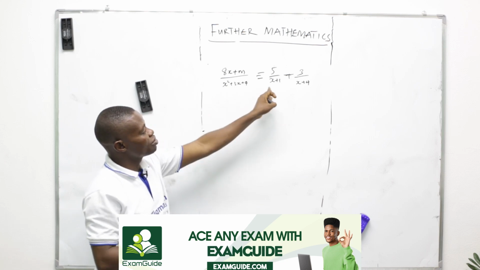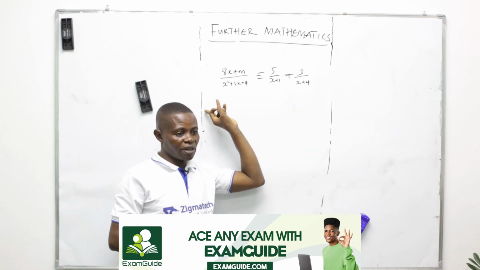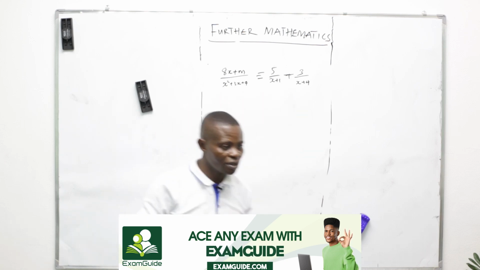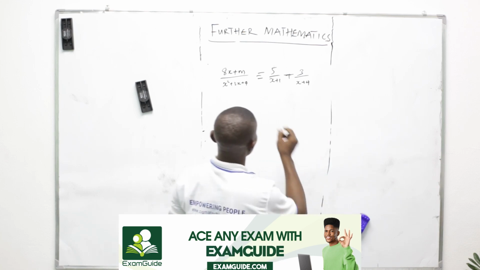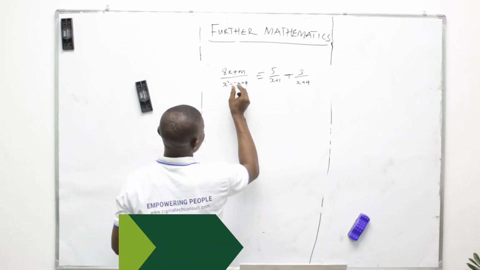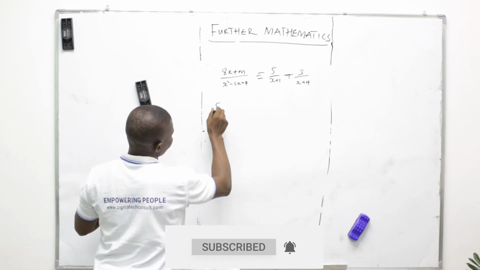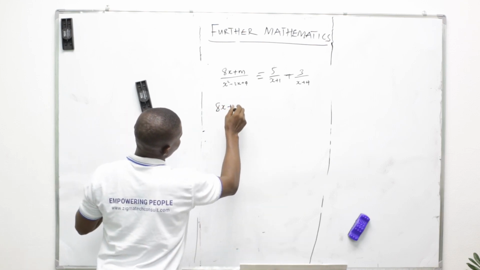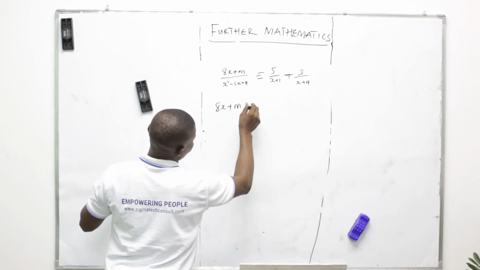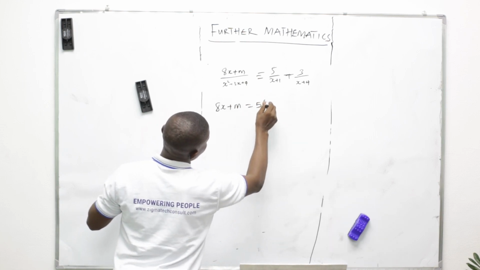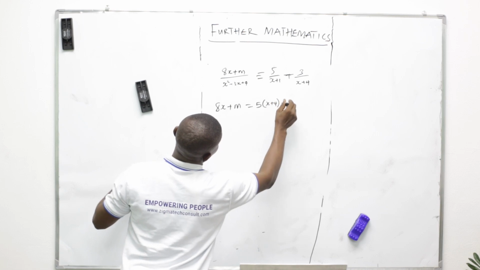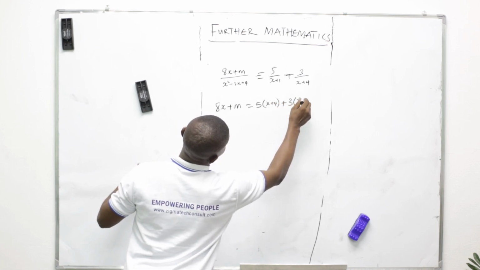Recall that what you are seeing here is a factorized form of this. In our normal partial fraction, the denominators take care of themselves. This is 5 into (s plus 4) plus 3 into (s plus 1).